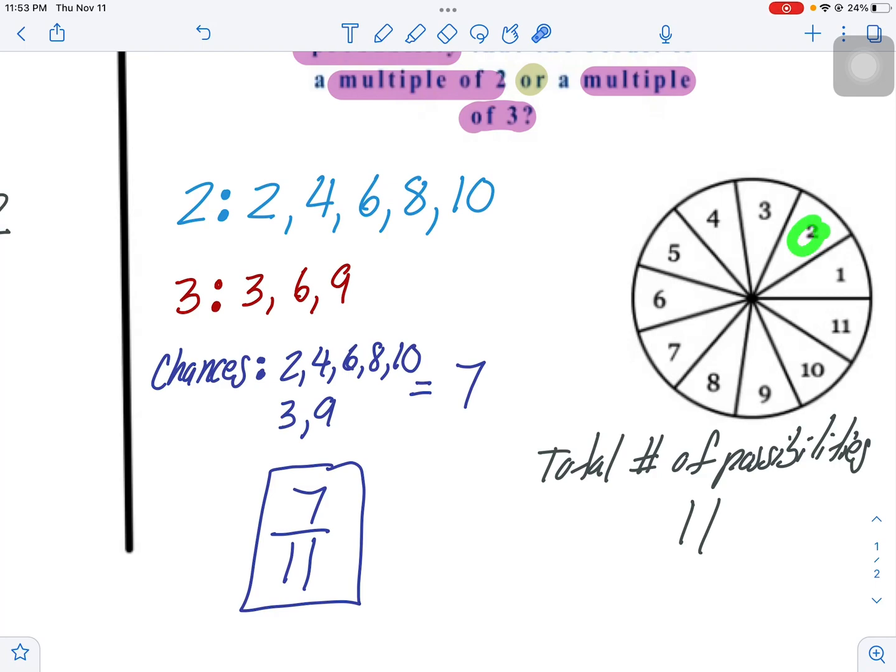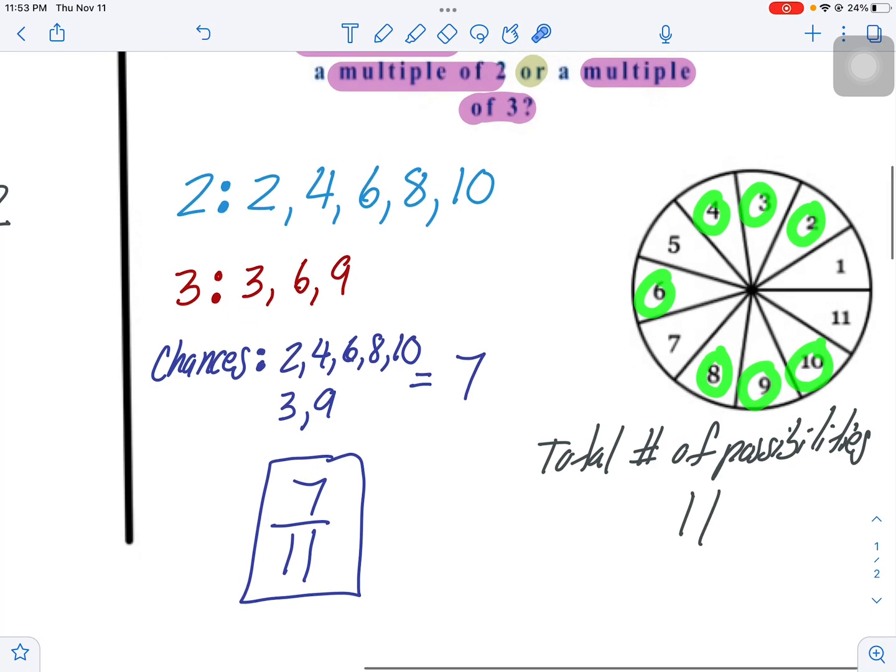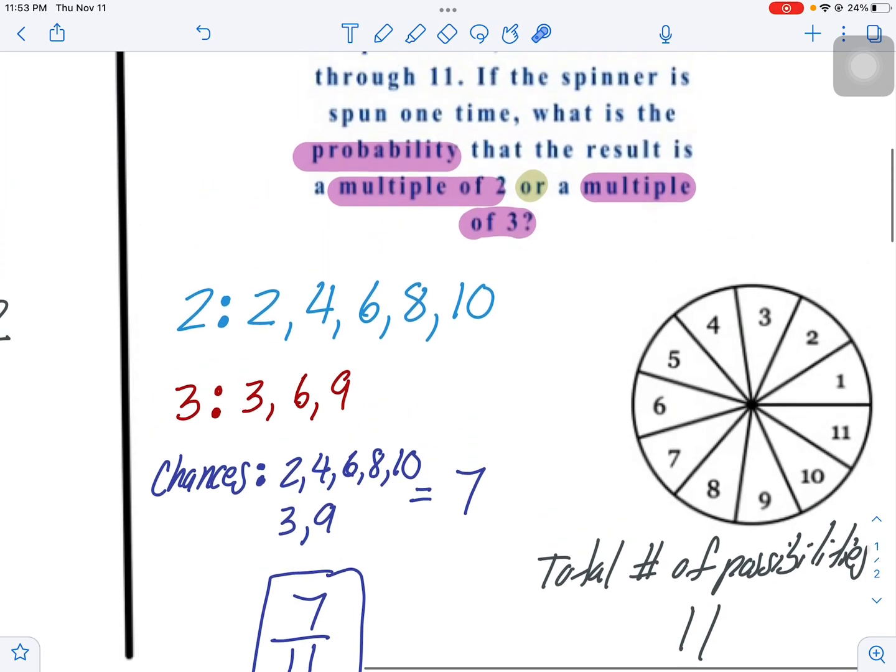It can be 2, 3, 4, 6, 8, 9, and 10. So 7 out of 11, we can get a multiple of 2 or 3.